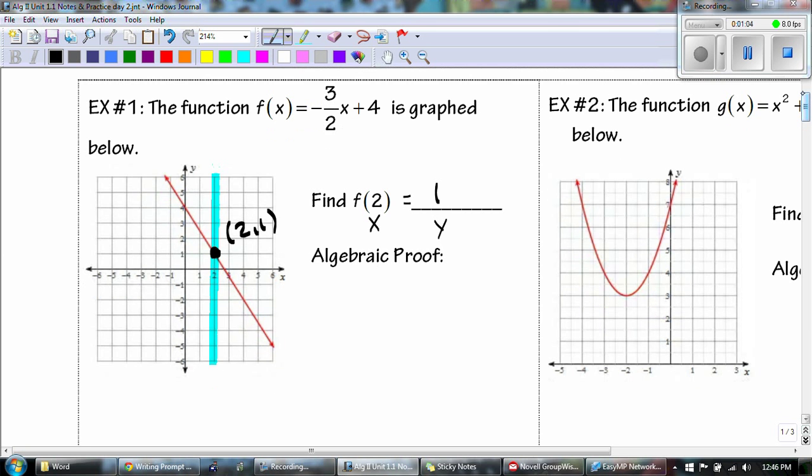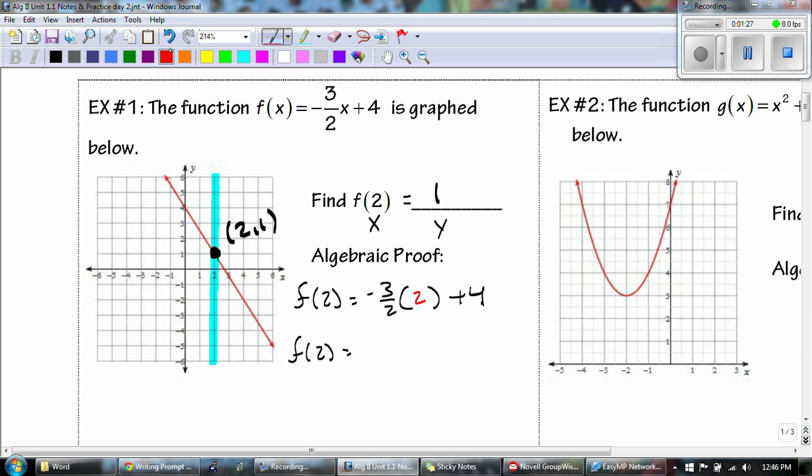So what that means, I'm going to take f of 2. I know that x is 2, so we're going to plug 2 in, and we're going to solve it. Okay, let's make that actually look like a 4. So as I'm doing this, negative 3 times 2 is negative 6.